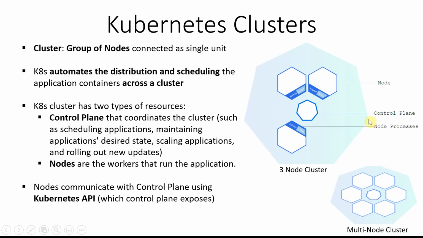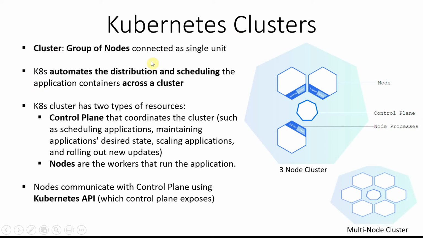Master is called control plane because it controls other nodes. And the node or worker or minion, these are all various terminologies for a node. These are the real virtual machines which take the instructions from master.